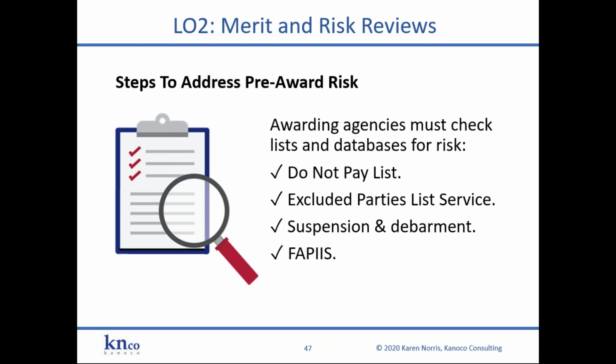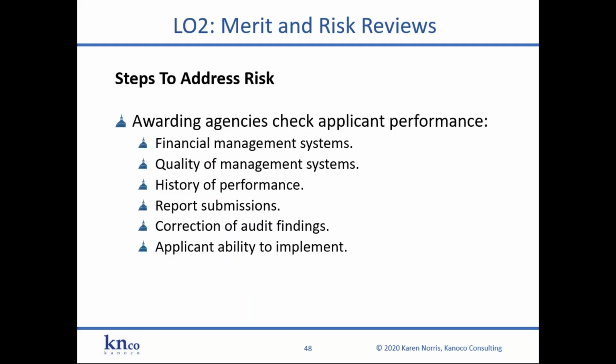They're going to check all of that to decide whether or not they're going to award the applicant. And as we talked about before, they're going to look at the financial management system, the quality of their management systems, and history of performance.